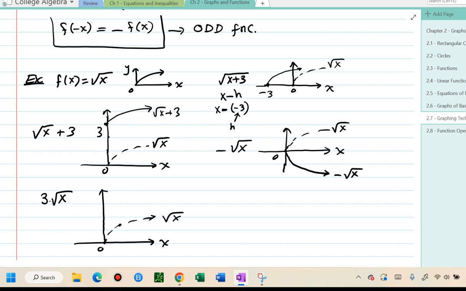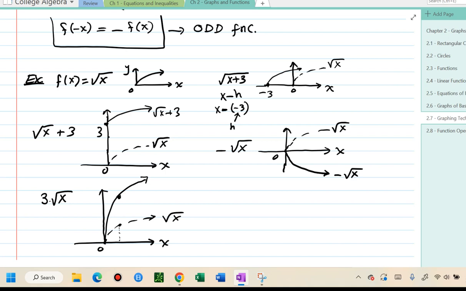But this point, for example, is going to be 3 times the size now, right? It's going to be 1, 2, 3, like here. 3 times the size, and there. It's going to look like that. There is a vertical stretch by a factor of 3. And let's see, pretty much that's it.